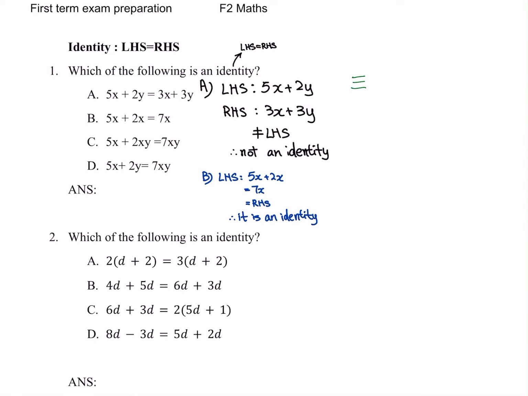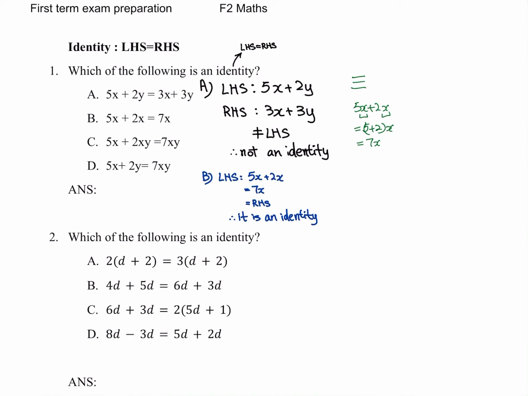You cannot make it 7xy. When can you make it 7? If the question was 5x plus 2x, they both have the same term, then you can combine them and make it 7x. But this time one has x, the other has y, so nope, you cannot combine them. So it still stays as it is.